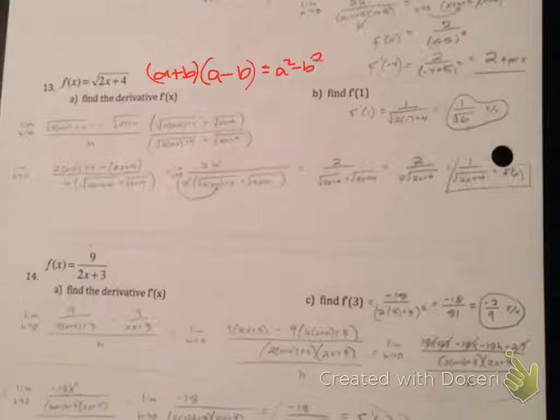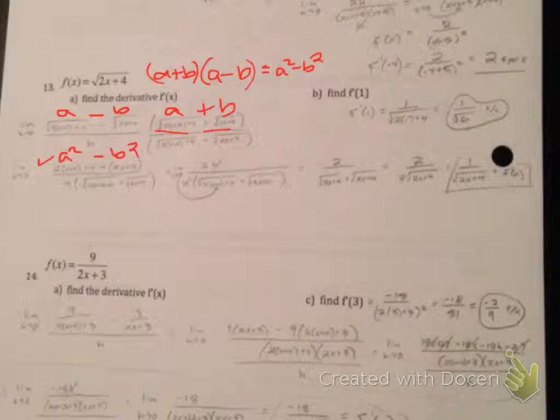Well, that's particularly good when you're dealing with radicals, because then they cancel. So this is the result of multiplying this, let's say this is a minus b here, times this a plus b. Well, here's a squared minus b squared, which basically just cancels the square roots.